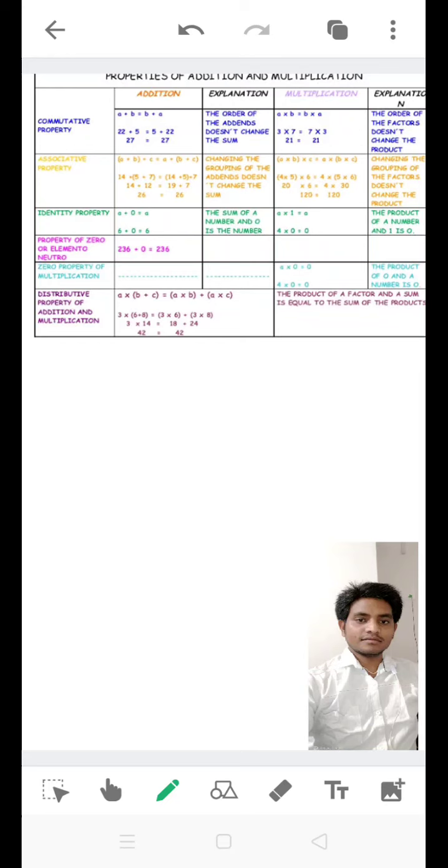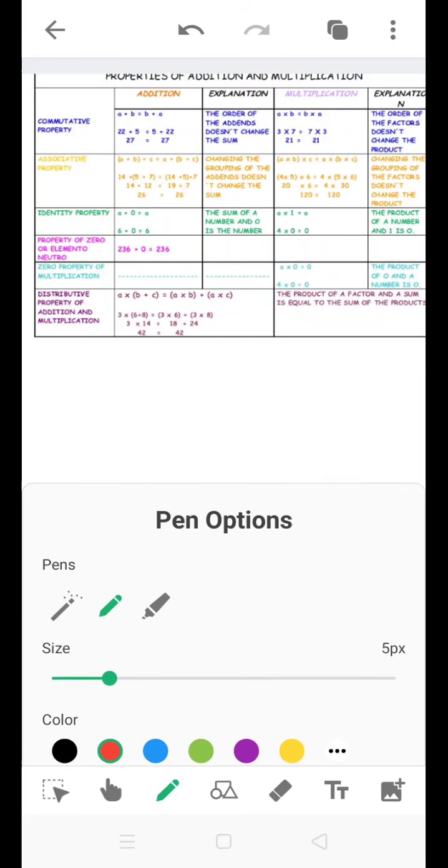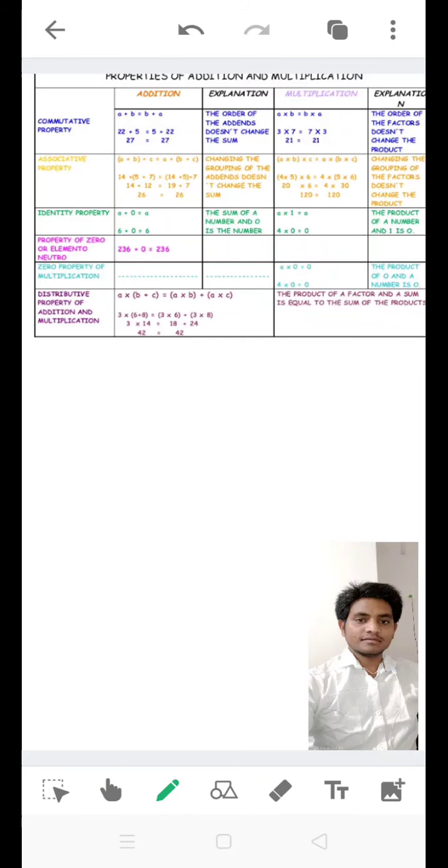Second one is properties of multiplication. This is the multiplication of integers. In this property also, I will discuss 5 properties.